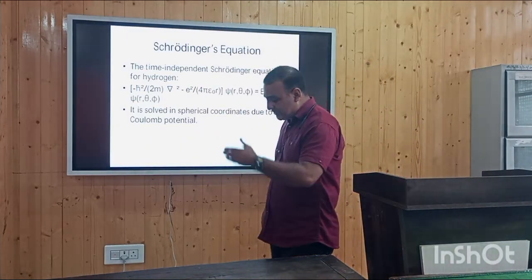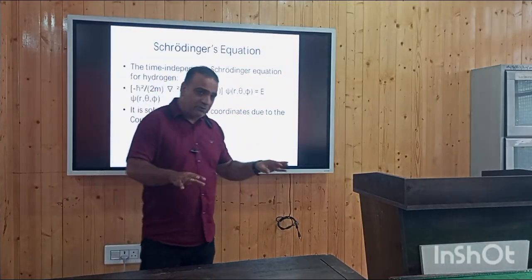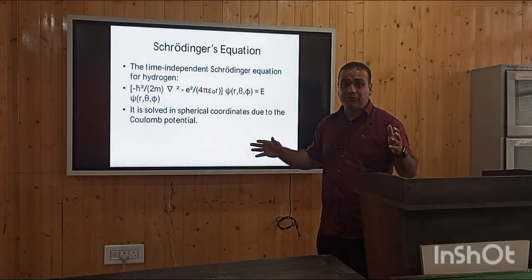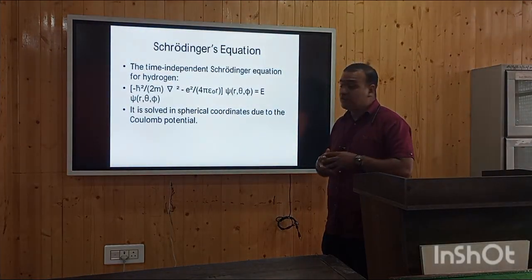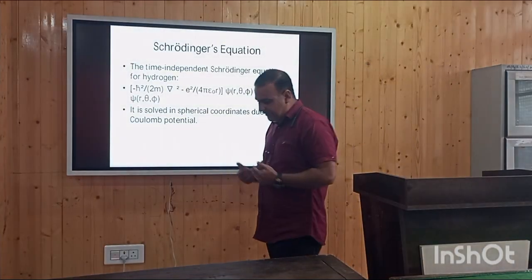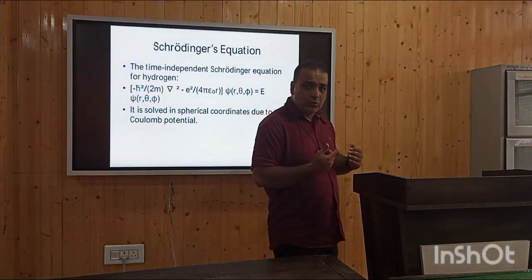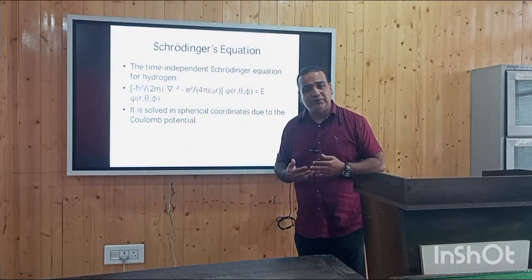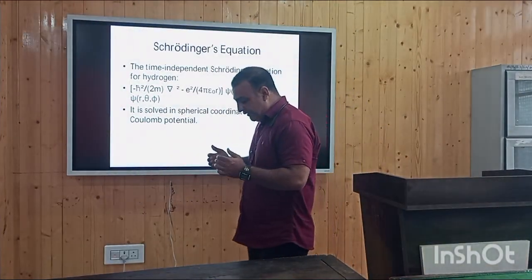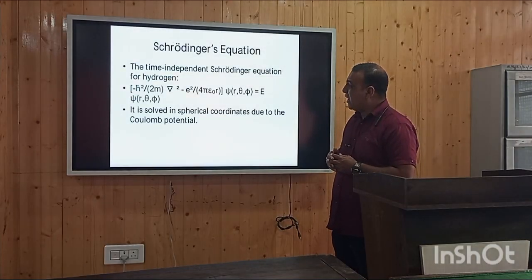Then we use the variable separable approach to solve this problem, because there are three unknowns in this equation and we cannot directly solve it. So we use the variable separable approach, and then we introduce some constants in solving those separated parts of the equation. The constants that we introduce are a result of the boundary conditions of the given problem.